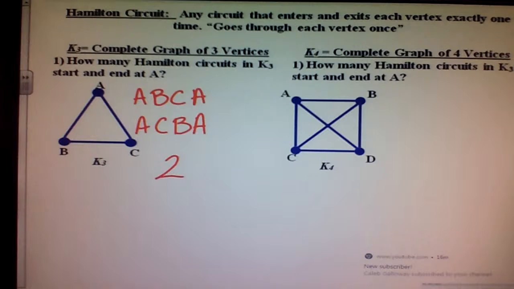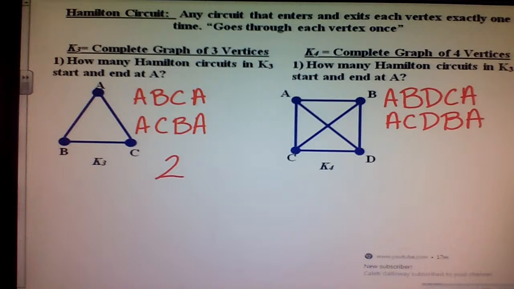Let's find all of your Hamilton circuits with 4 vertices. There's more than 3. Go with the simple one. A, B, D, C, A. I can reverse it. A, C, D, B, A. Now go complex.